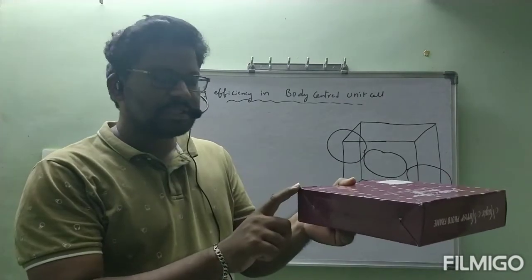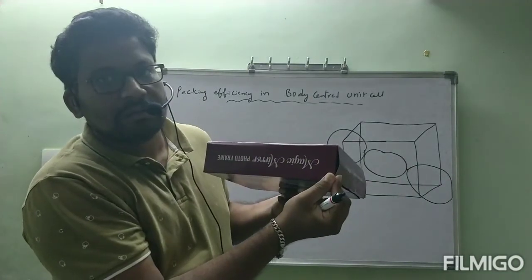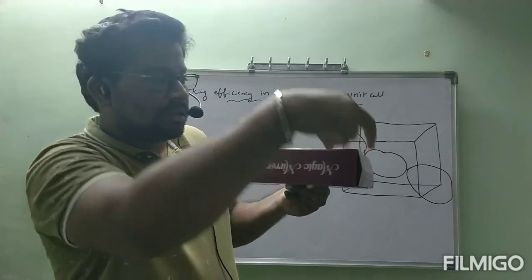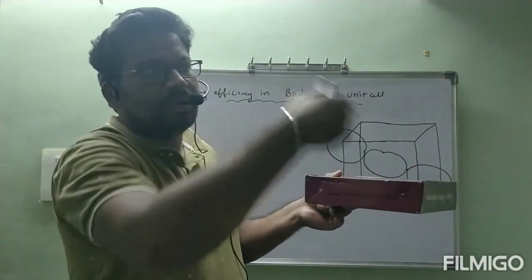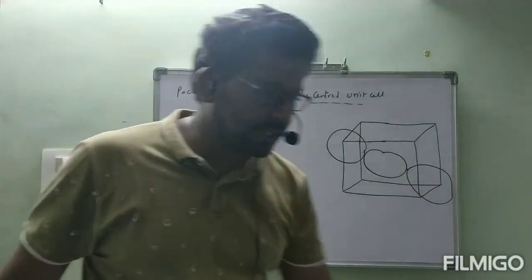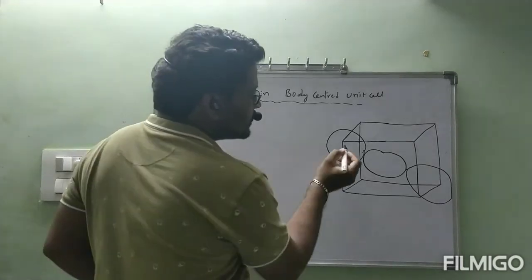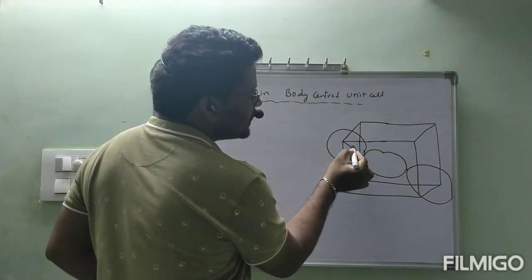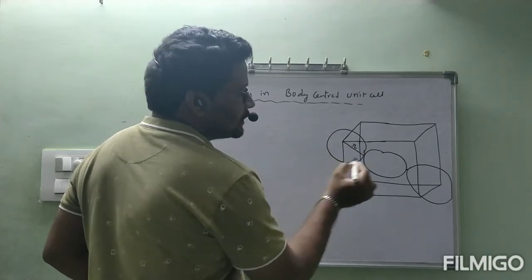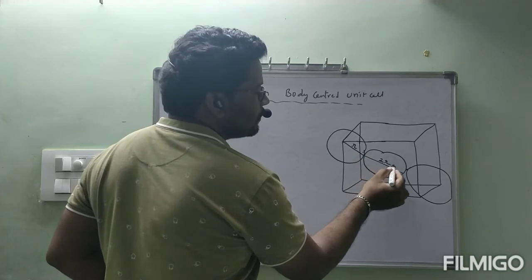Okay, see, this corner, the inside body center particle, and this corner, like that we are going to take. Now, what is the radius of the sphere? The radius of the sphere is r, so the complete sphere is 2r.